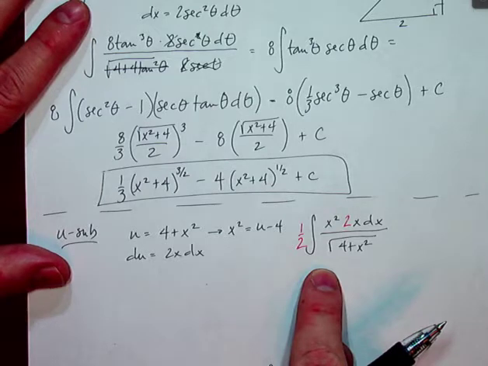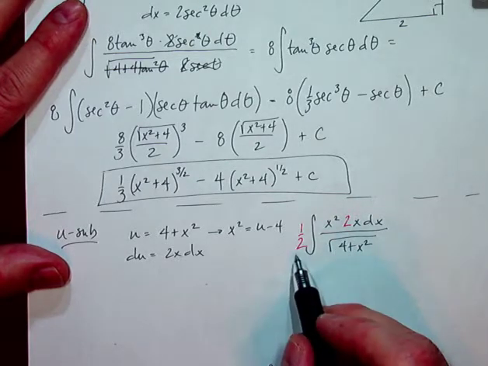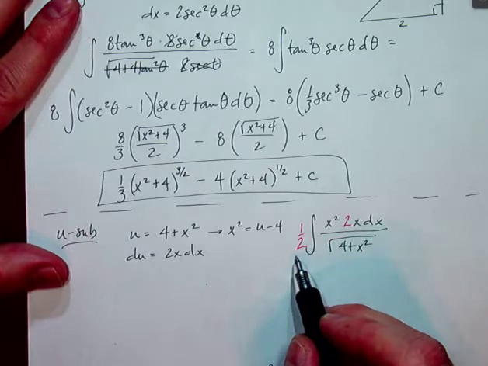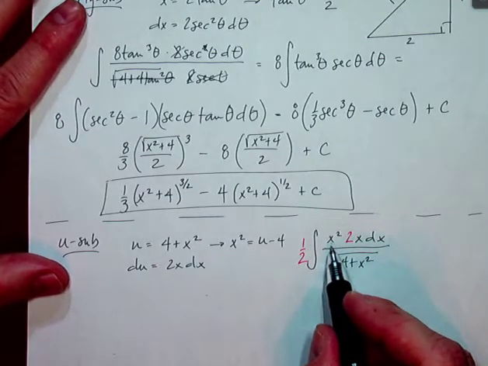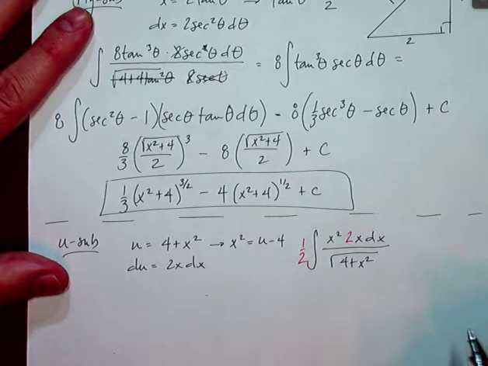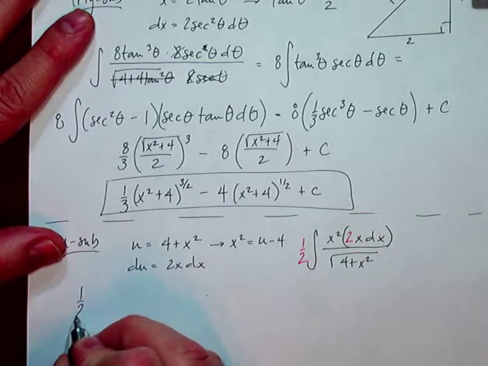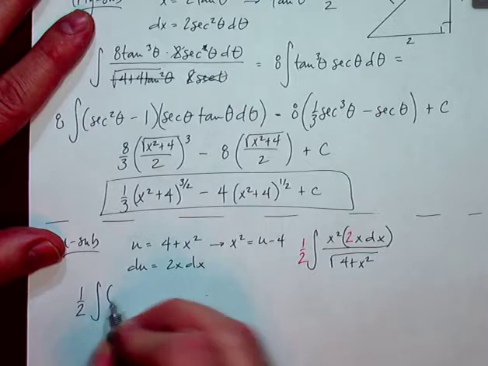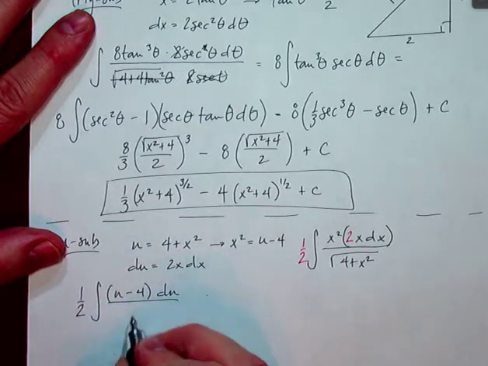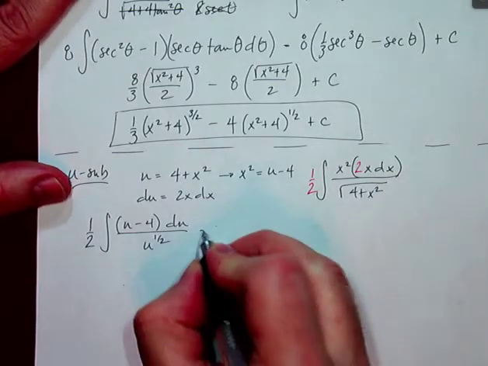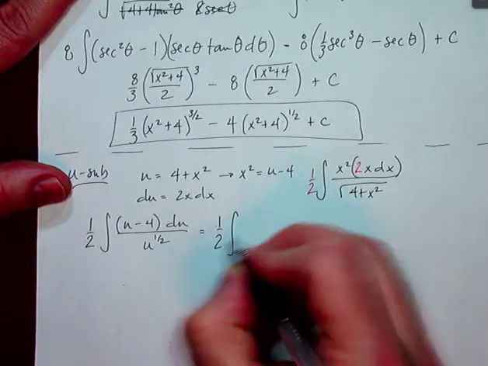Okay, so the 2 and the 1/2, if you notice, are in red. They're new. The only thing that I've done is I've taken the dx, I've put it up in the numerator, and I've pulled one of the x's out of the x cubed and put it with the dx. That right there is my du. So I have 1/2, and then x squared, of course, is u minus 4, du over u to the 1/2. Well, that winds up being relatively simple.